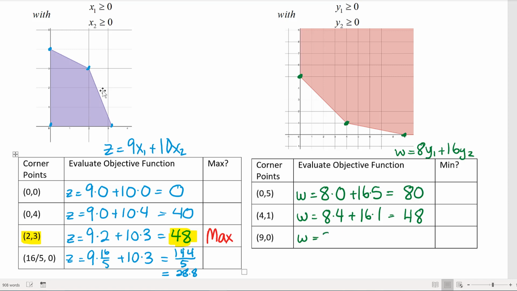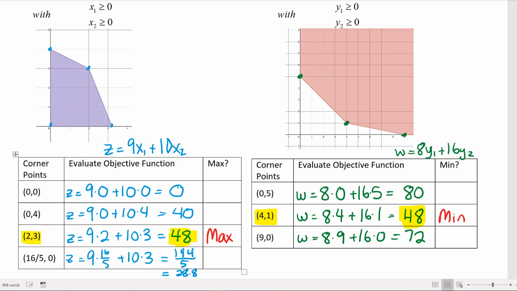And then the last one, we have 8 times 9 plus 16 times 0, which is 72. Now, this is a minimization problem because it's a W. Which one of these values is the minimum? Well, it turns out that 48 is the min, and that occurs at the y values 4, 1. So I'm going to note that as my min.